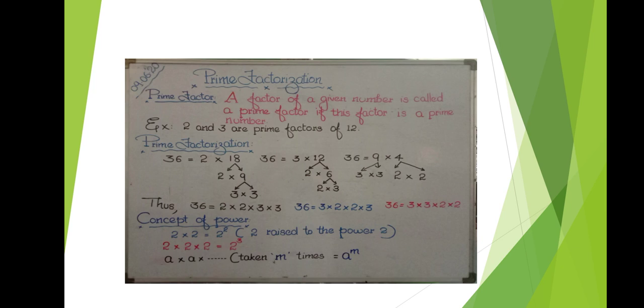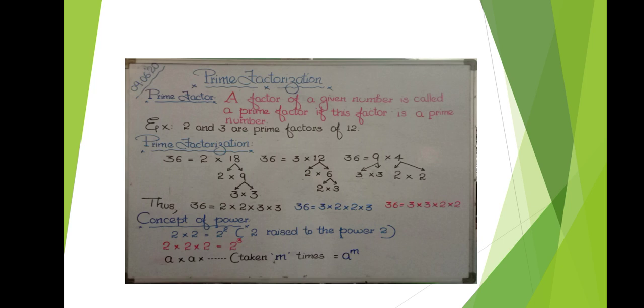Same way, 36 also can be factorized as 3 into 12, and 12 can be factorized as 2 into 6. 6 can be factorized as 2 into 3. And 36 again can be factorized as 9 into 4, and 9 can be factorized as 3 into 3. 4 can be factorized as 2 into 2.